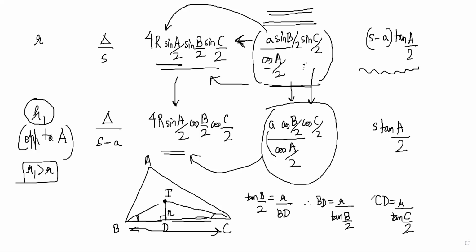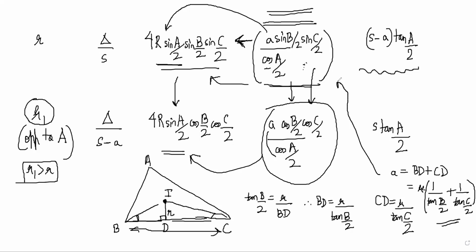And when you add these two, BD plus CD should become A, right? So you'll get R common and you'll have 1 by tan B by 2 plus 1 by tan C by 2. And that is becoming equal to A, right? And you get the R formula from here. If you bring it to the other side and simplify a little, it will come as this, right? So you should go through these derivations once so that you don't get confused in the exam later and all, right?